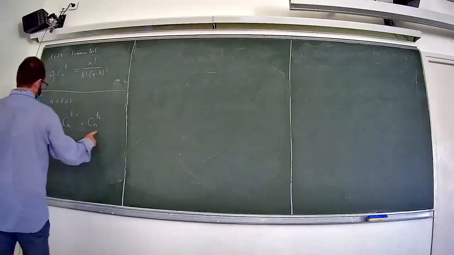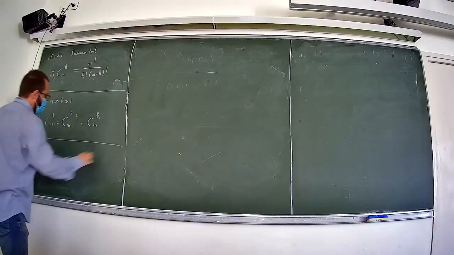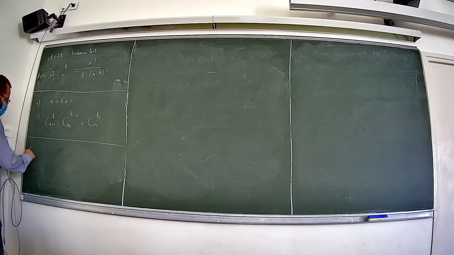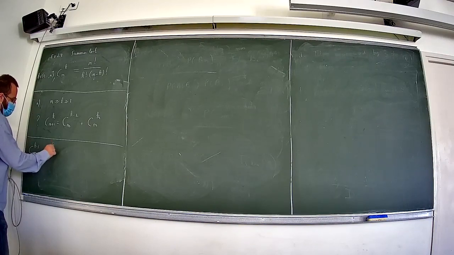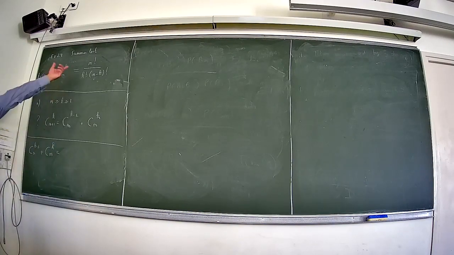Let's do it. I do the proof here. I compute C(n, k-1) plus C(n, k), and to do this, I use 2 times the definition. What is C(n, k-1)?